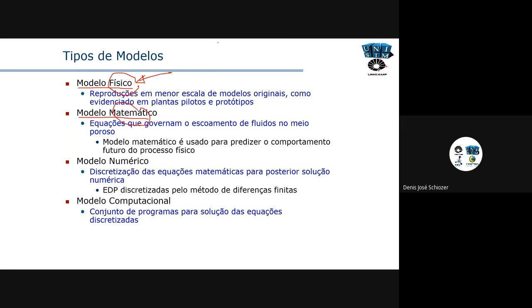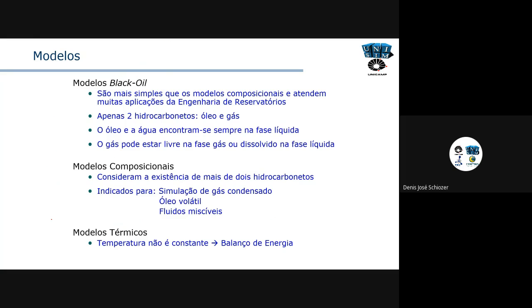Then we transform this into equations in the mathematical model. Once we have these equations, that are hard to solve because of the boundary conditions and the complexity of the reservoir, we try to solve it numerically, as we are seeing in these two classes, and then we transform this into the computer program, that is the reservoir simulation that you are using.